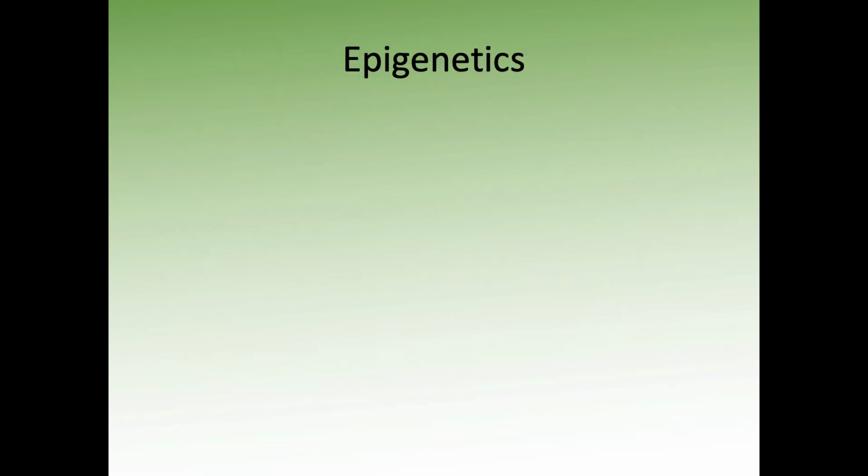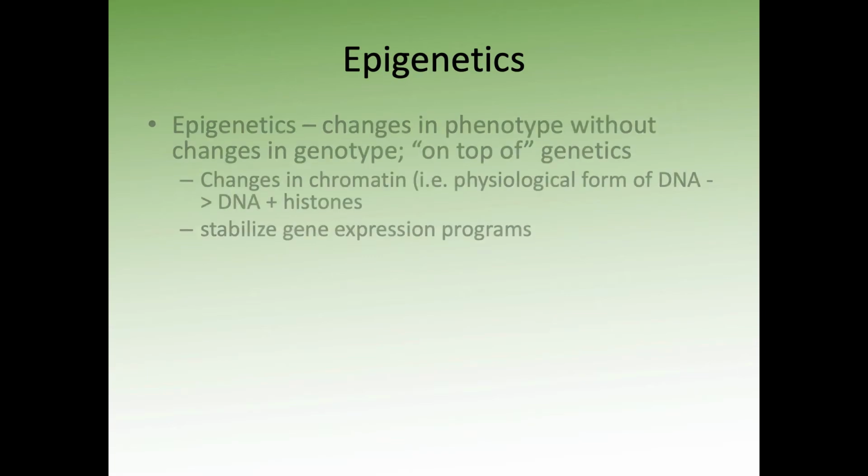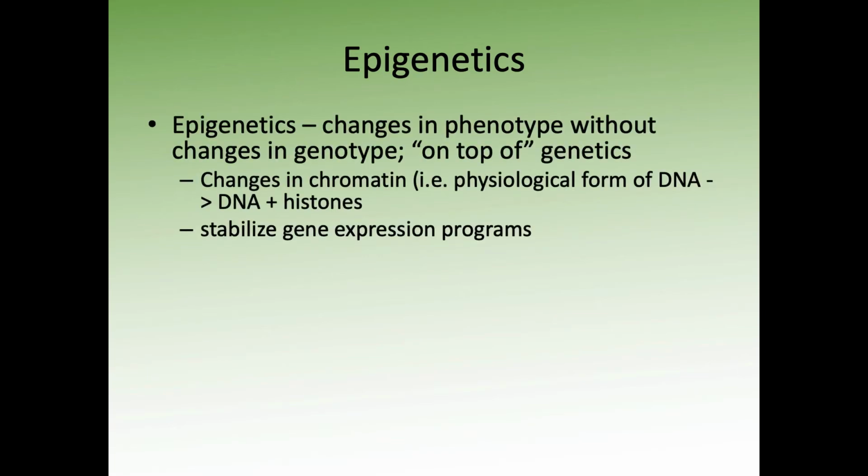So epigenetics. What is epigenetics, right? It's different than just regular genetics, straight off the bat. When we talk about epigenetics, we're actually talking about changes in the phenotype without changes in the genotype. Epi meaning on top of, so we're thinking about the stuff that's operating on top of our genetics.